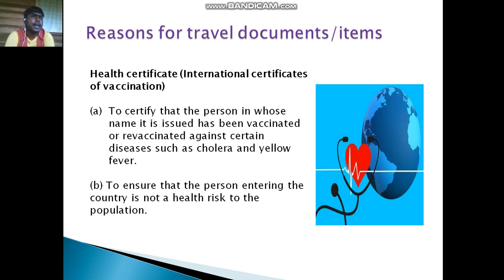Because for example, we have the COVID-19 going around right now, and almost all airports worldwide have shut down because they want to control the spread of the disease. Likewise, the health certificate will show if the person is vaccinated against certain diseases, and if not, they will not be granted entry into the country.